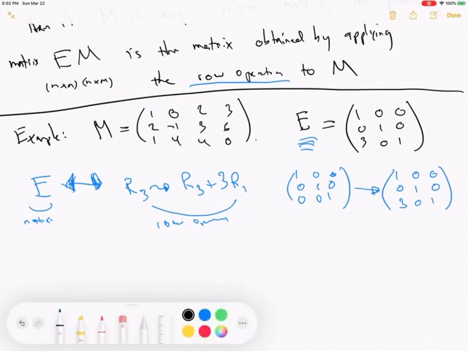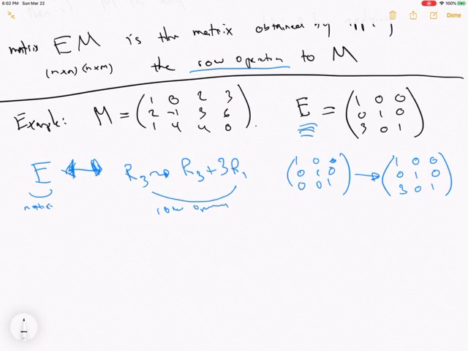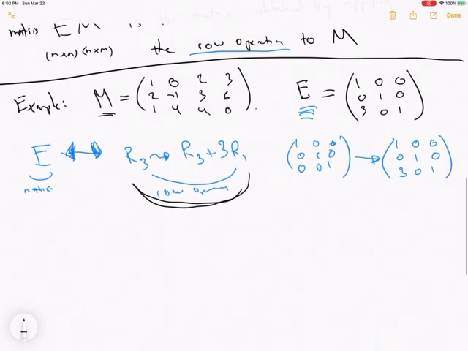So in other words, in order to apply this row operation to any matrix, for example, matrix M, we can simply multiply the matrix M by the matrix E. So let's just do that. Let's calculate E times M, and we'll see that this is the same thing as just modifying the third row.